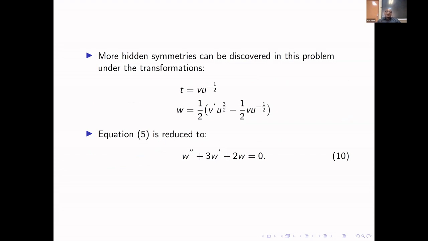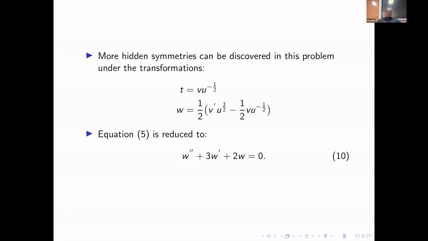Then you start again, you conduct more investigation, you find X2, X3, and X4, and we realize that X4 is our hidden symmetry, because X2 and X3 are inherited from the previous analysis.